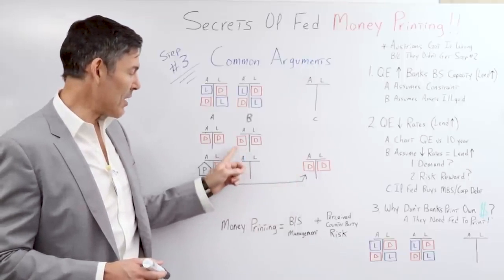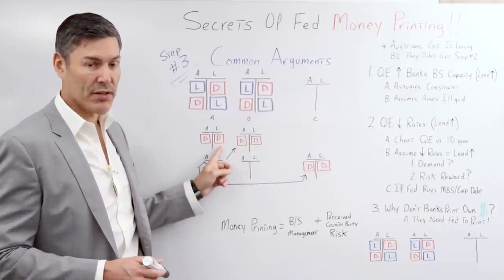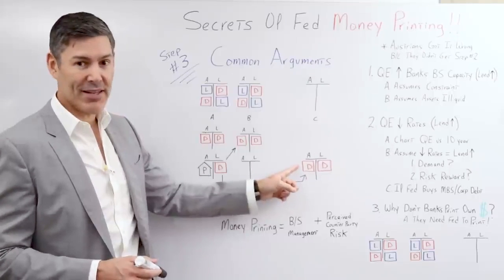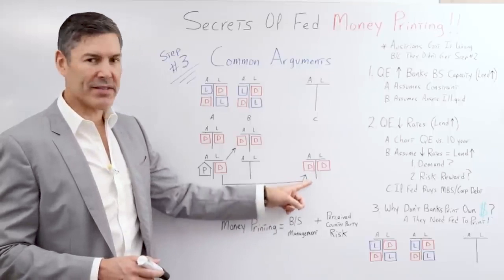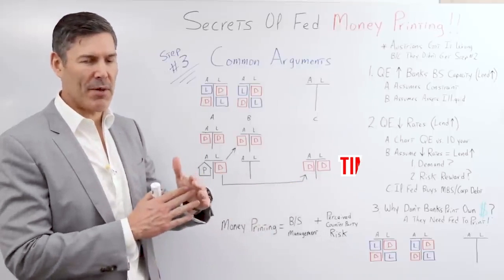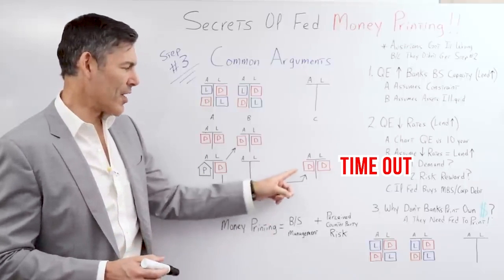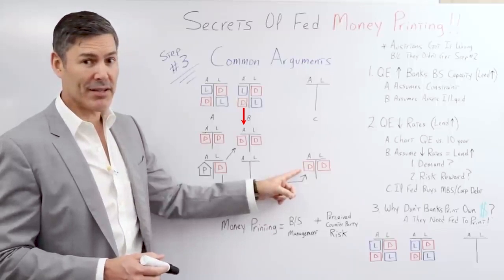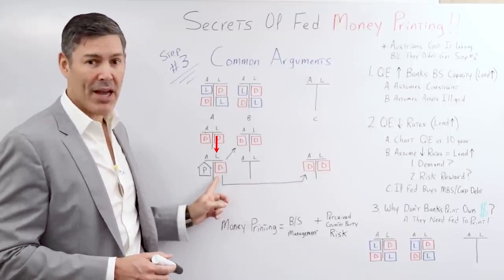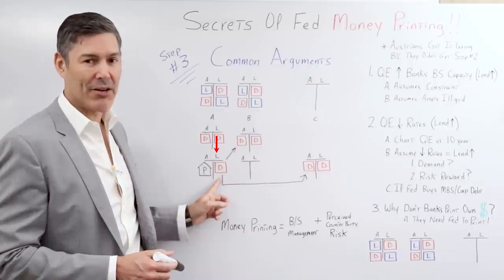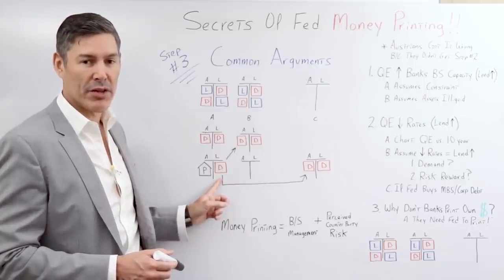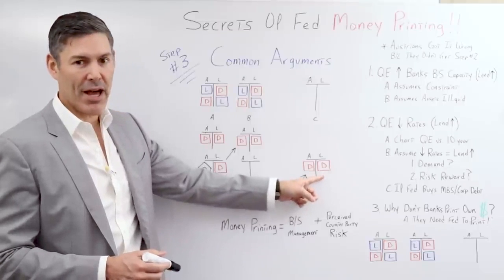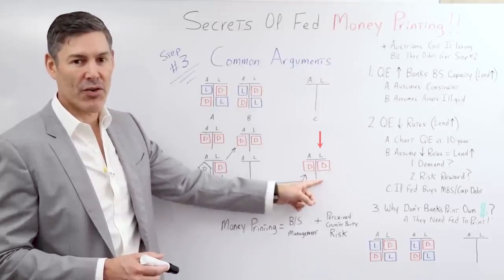Bank B and Bank A were in cahoots, but Bank A is not in cahoots with Bank C. Then the owner of Bank C says, whoa, time out. Wait a minute here. You're transferring me a $1 billion asset that is a liability of Bank A. Well, I don't trust Bank A. I don't know them from Adam. I don't know that they're good for that $1 billion. So no, I don't want to take this liability to begin with. I'm not going to take the transfer.